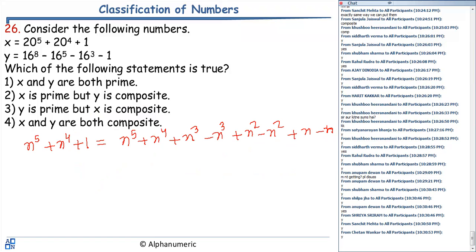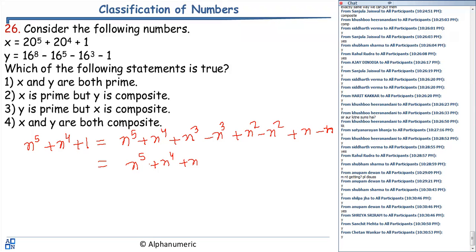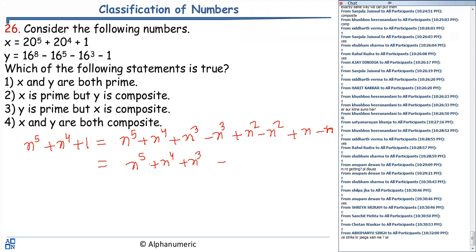Now I can rewrite this further as n raised to power 5 plus n raised to power 4 plus n cube, minus n cube minus n square minus n. I wrote all these terms together, and n square plus n plus 1 together, plus n square plus n plus 1.